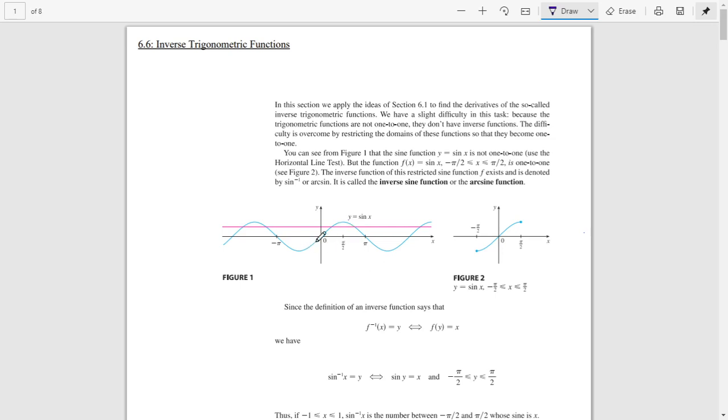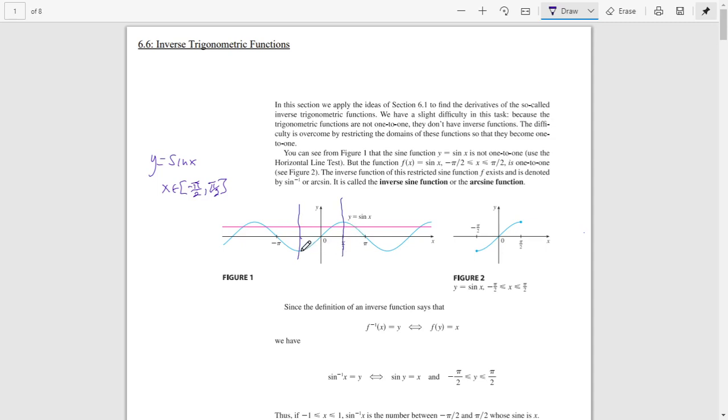For example, suppose that we are looking at y equal to sine of x, and we are considering x in negative pi over 2 to pi over 2. Now, in this graph, that would be like if you cut this graph out from here and from here.